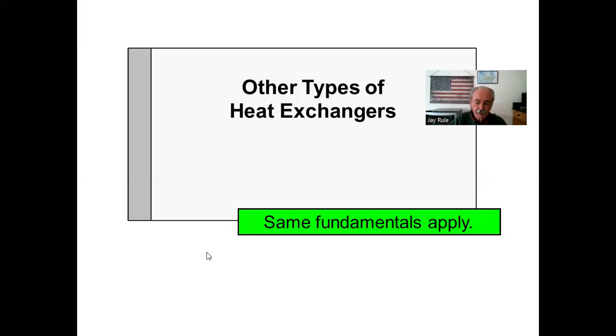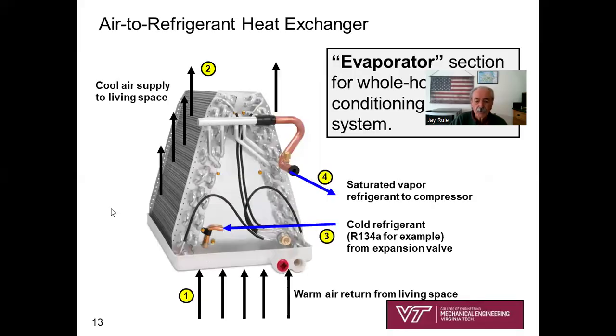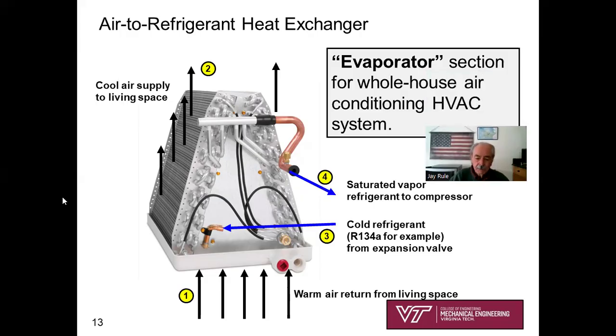Let me show you some screenshots quickly of other heat exchangers. The same fundamentals apply. So in other words, your sketch for this crazy looking piece of equipment, which is the evaporator section of a home air conditioning system, you would draw exactly the same way. Basically here we have warm air flowing in a duct from your living space. This would be a summer cooling situation.